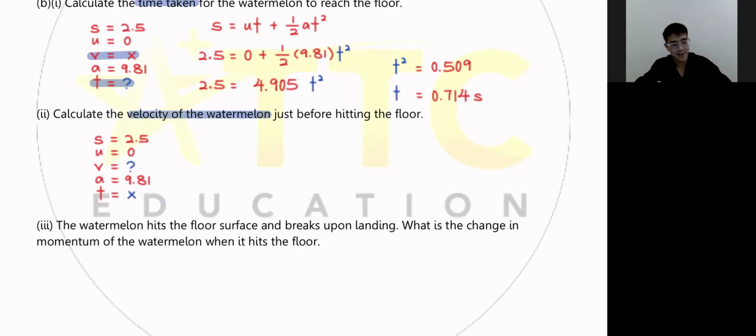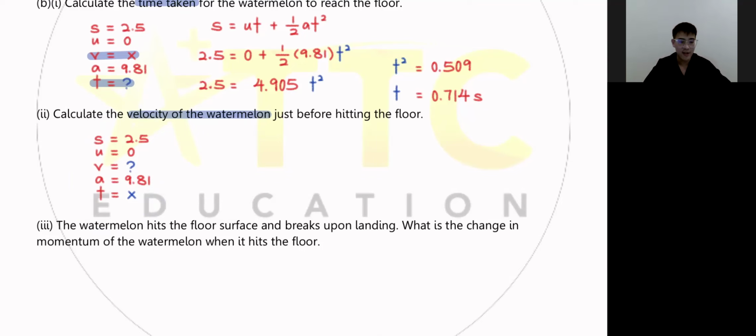So it will be very kasian, because you should be getting the right answer since you're using the right method. Just that because you're using the wrong value, you got the wrong answer. So that's why I said, try not to use the value you calculate yourself.